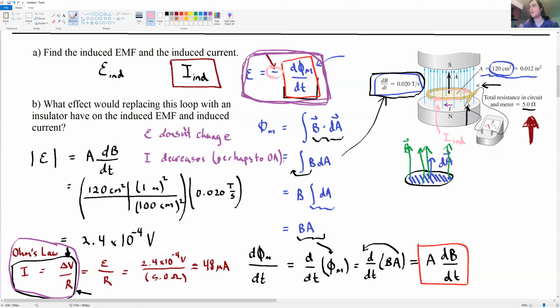Okay. So if the current is flowing in that direction, then we have an induced EMF in this direction here.